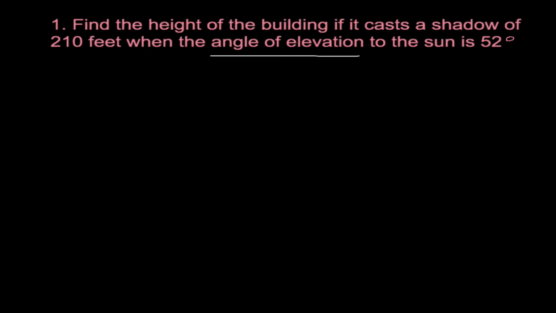Okay, so now back to the problem at hand. It says find the height of a building if it casts a shadow of 210 feet when the angle of elevation to the sun is 52 degrees. We know that we should always draw a picture when we see a word problem, and specifically today, our picture should form a triangle.